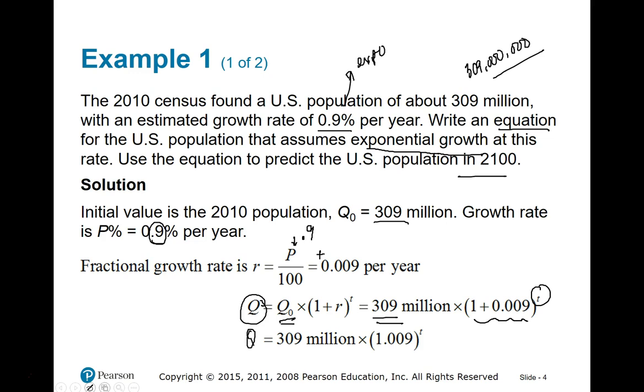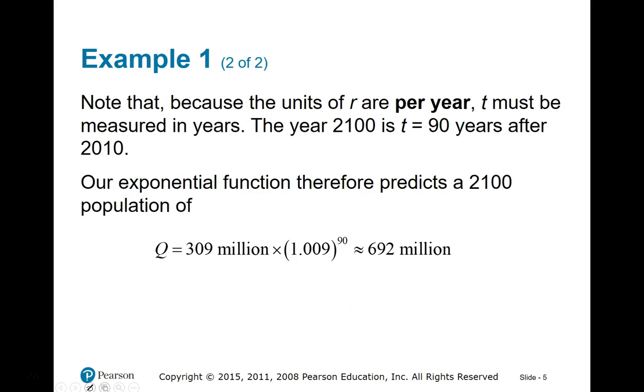So if I want to find out what's going on in 2100, that's 90 years later. All I need to do is plug in 90 for T. So I have 309 million times 1.009 raised to the 90th power, and I'm going to get about 692 million. And I'll show you how to put this into your calculator in just a second.